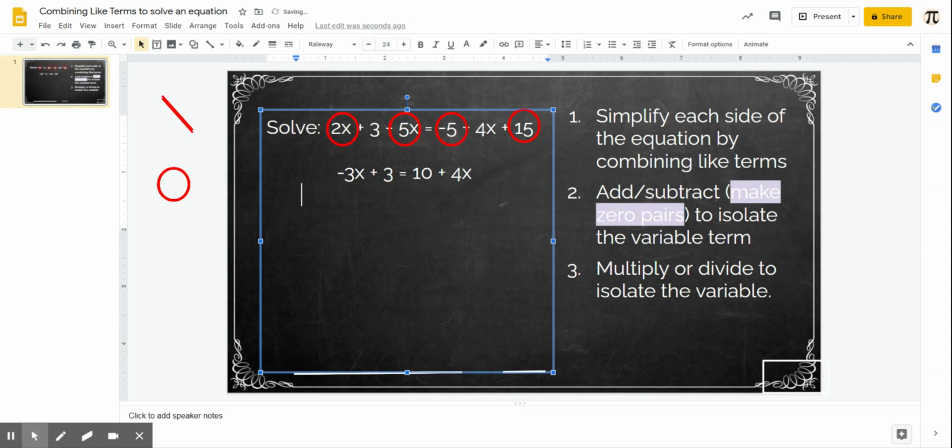So I'm going to add 3x to both sides, since a positive 3x will get rid of this negative 3x. So plus 3x, minus 3x, plus 3 equals, and if I add 3x on the left-hand side, I have to add 3x on the right-hand side: plus 3x, plus 10, plus 4x.